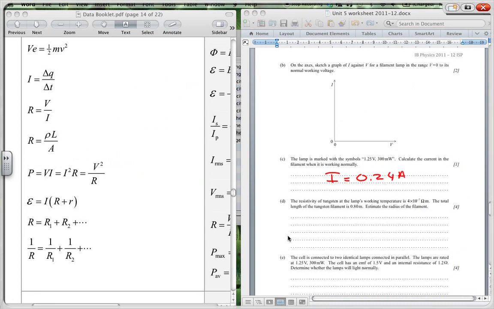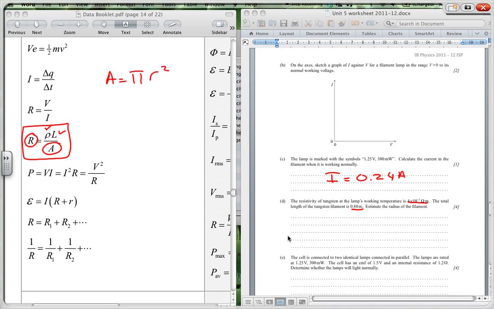So here we have got our resistivity is that, and we've got our length is that. So which formula am I going to use? I'm wanting to find the radius. So obviously this is the formula that we have. This is our resistivity over there. We've got our length there. The cross-sectional area is usually a circle, so this area is equal to pi r squared.